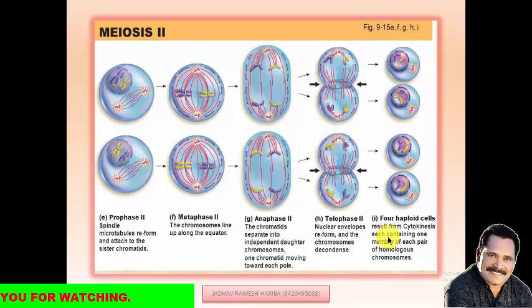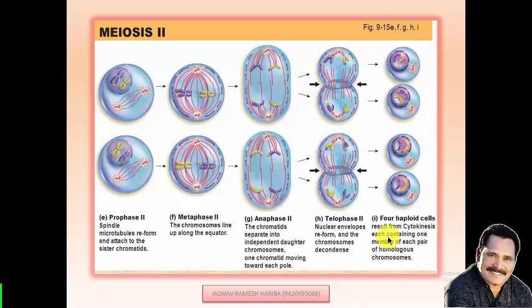So we have seen this type of cell division occurs in germ cells. The germ cells are present in the gonads, that is in the testes and ovaries.